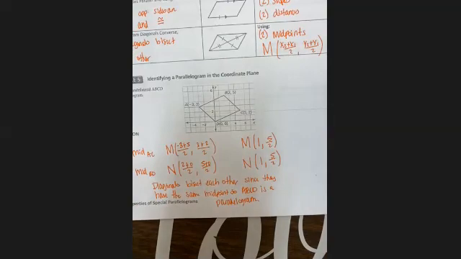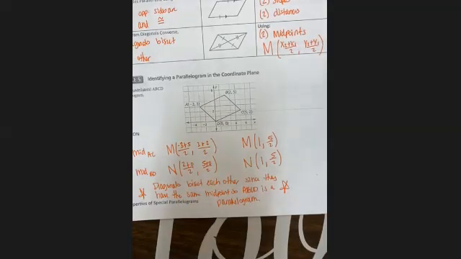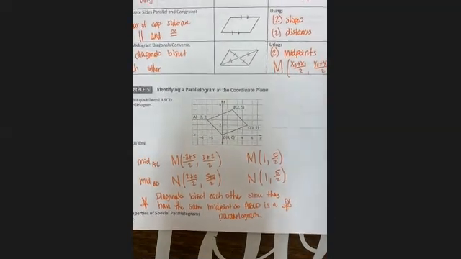Okay, that is really your final answer. This is what I have to have in order for you to get all of your points. Again, you have all of your other choices too, but this is the fastest way I would think. And say that you gave me 2 slopes and 2 distances, well then you need to tell me that that's showing you that the opposite sides are both parallel and congruent.